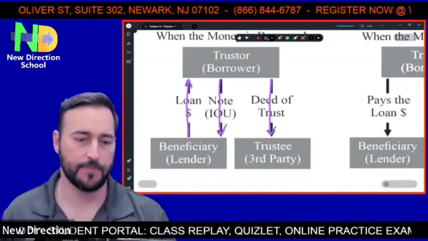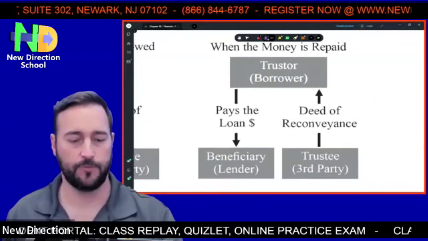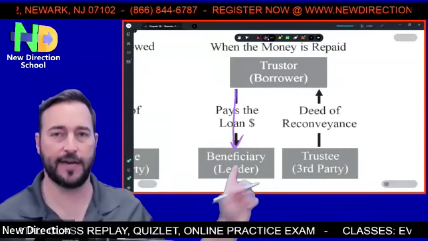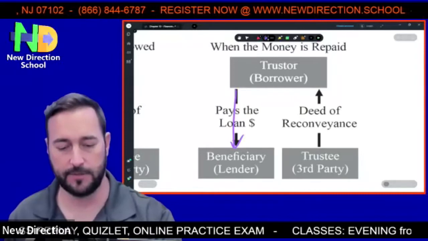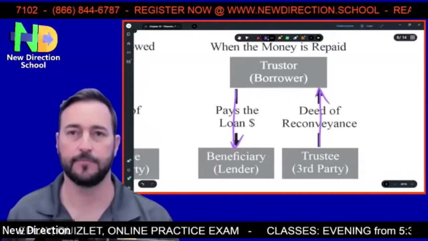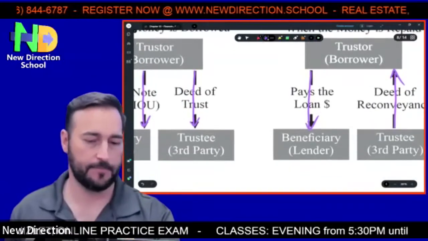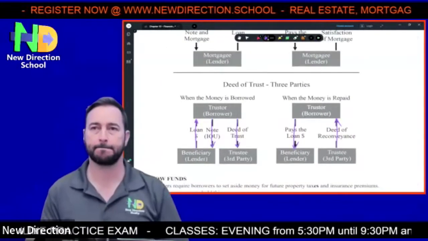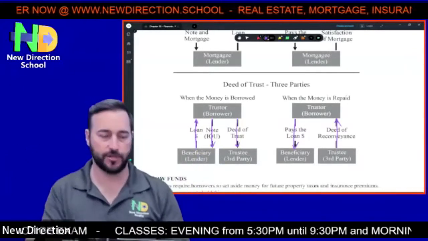When you finish paying off the loan, the beneficiary says, hey, trustee, release the deed. They give it right back to you and reconvey the title back to the trustor. Questions? Good, it's pretty much just an illustration of everything we covered.